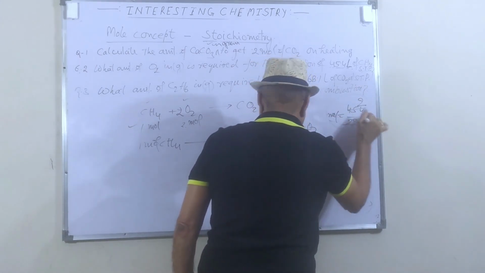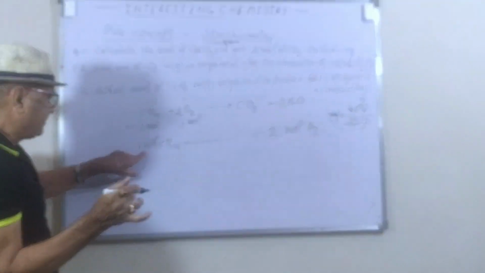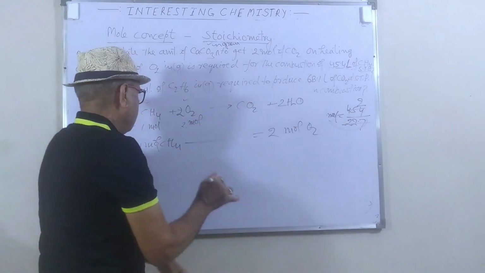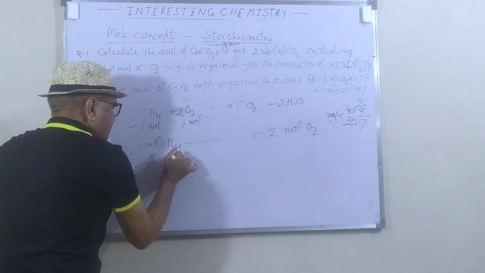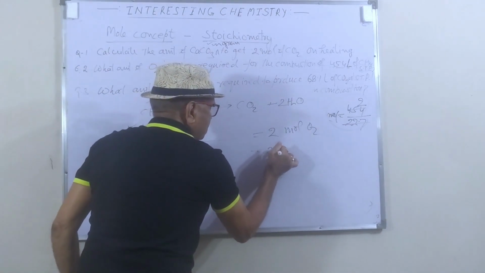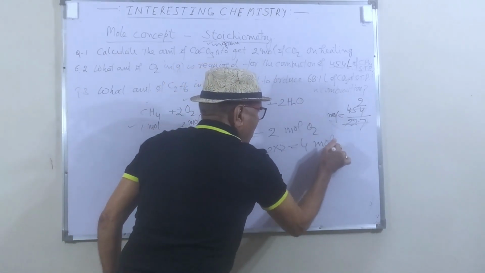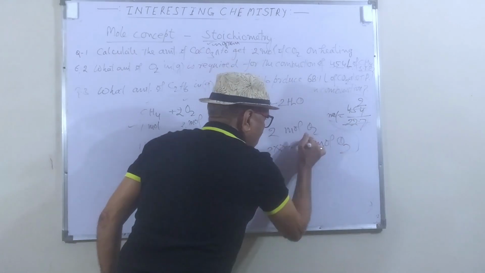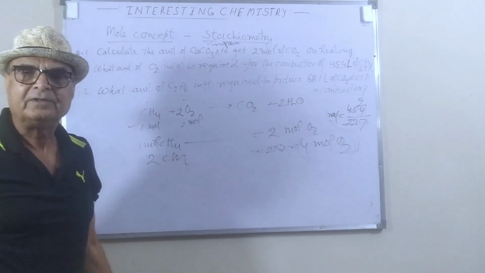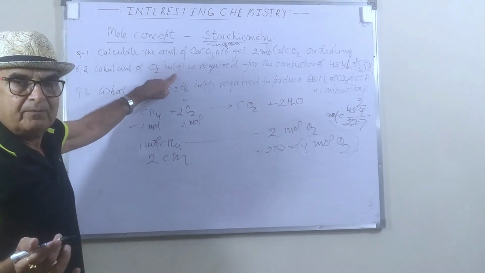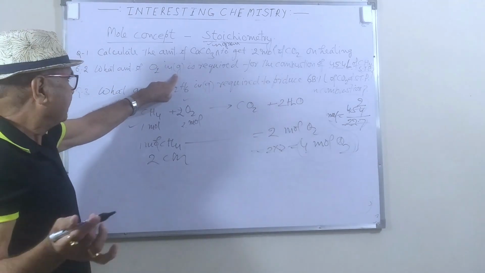Now 1 mole of CH4 requires 2 moles of O2. Here we have 2 moles, so 2 moles of CH4 will require 2 into 2, which is 4 moles of O2. Now you have to answer in gram.